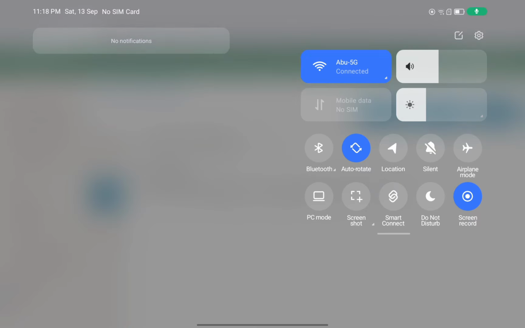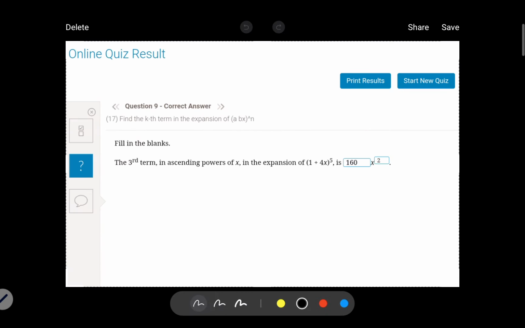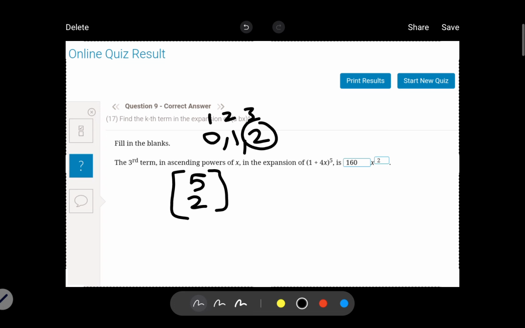Okay, now for this question, it's also very easy. The third term, so basically 0, 1, 2, so 1, 2, 3, so this is the third term. So they want the one down to be 2, so 5C2, and then 1 to the power of 3, and 4x to the power of 2. 1 to the power of anything is just going to stay 1.